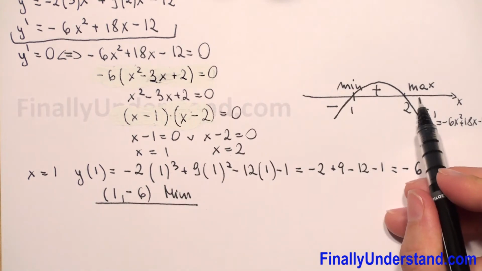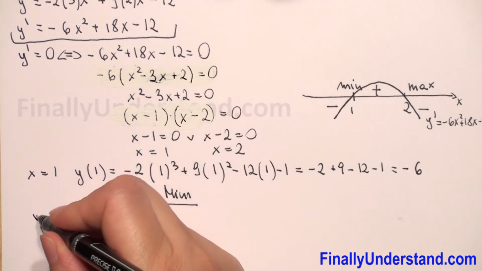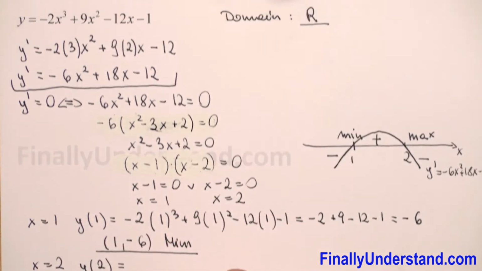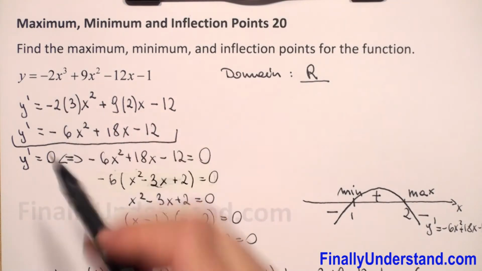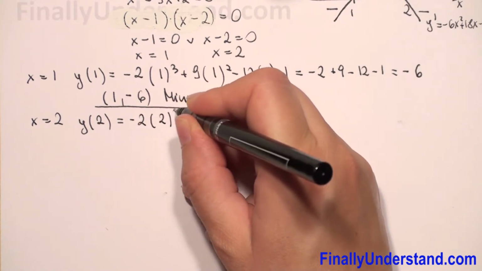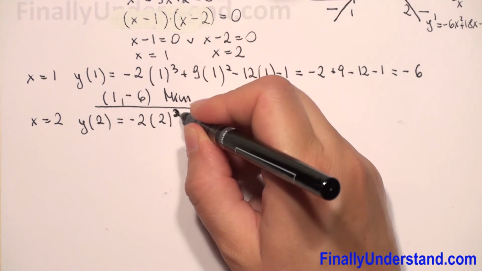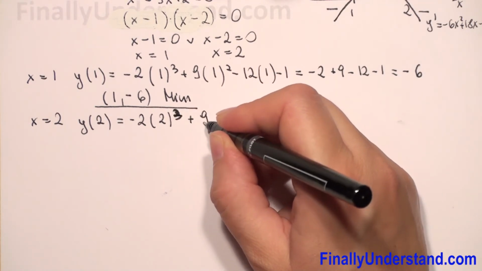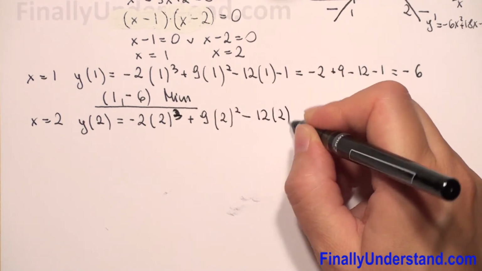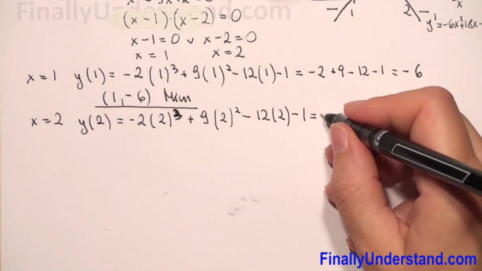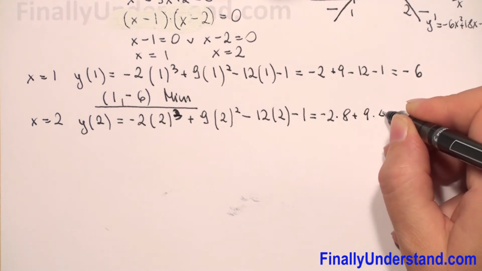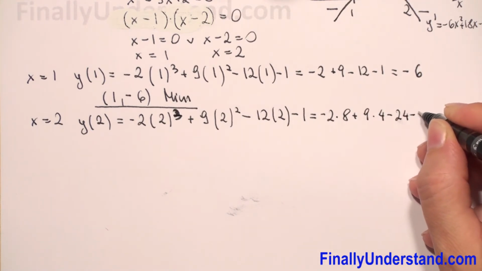Next, we have to find our maximum. X equals 2, so y of 2 is equal to, we need to replace x by 2. So we have negative 2 times 2 to the third power plus 9 times 2 to the second power minus 12 times 2 minus 1. This is equal to negative 2 times 8 plus 9 times 4 minus 24 minus 1.